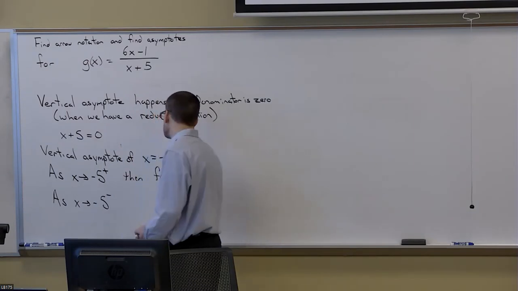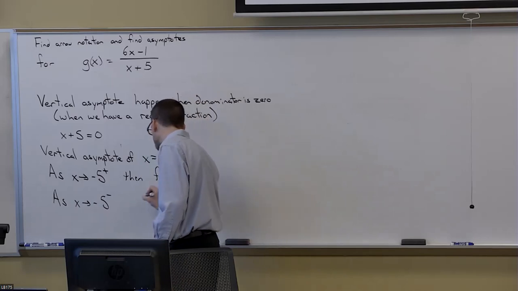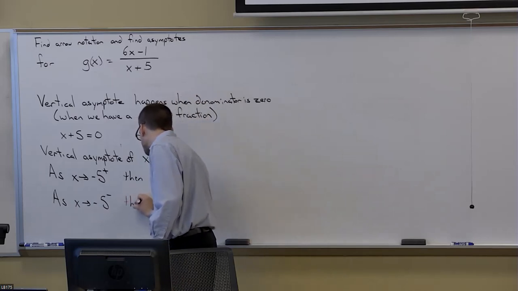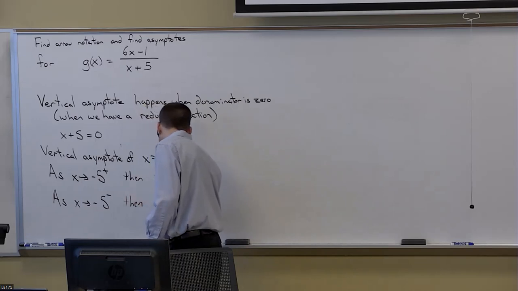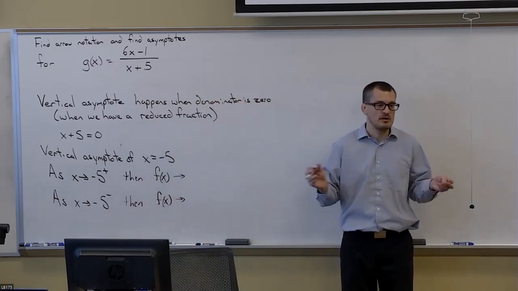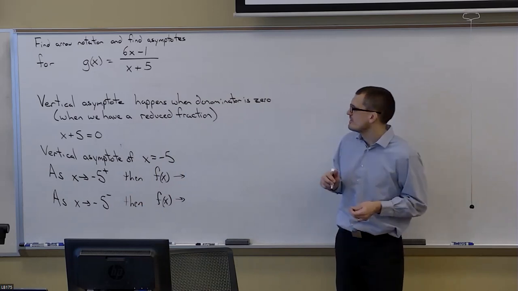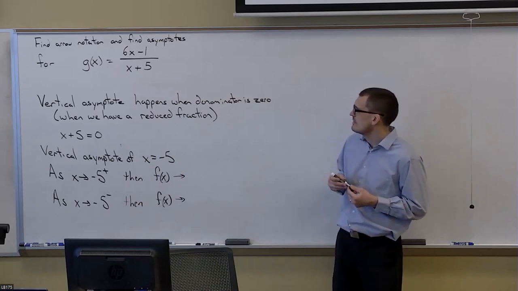Which side shoots off to infinity? Which side shoots off to -infinity? And why? I'll give you a hint. One of them shoots off to positive infinity, one of them shoots off to negative infinity. Or does it?